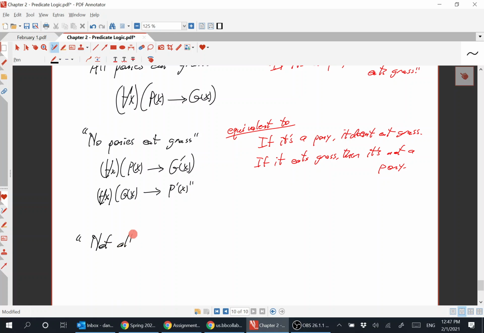Not all ponies eat grass. Well, not all isn't universal quantification anymore.